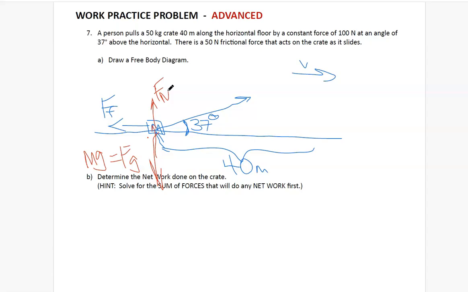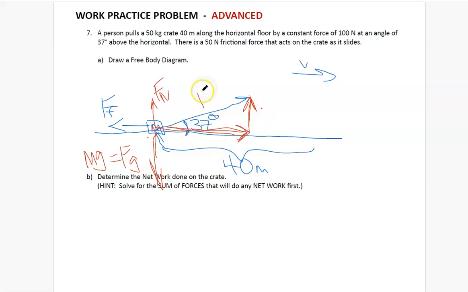And you might ask yourself, okay, is the support force the same size as the weight force, like I usually have in problems? Well, in this case, it is not, because these are not the only vertical forces. And you might say, well, where's the other vertical force? Well, you have to remember, anytime you have a diagonal force, you have to break that up into two component forces, a horizontal component and a vertical component.